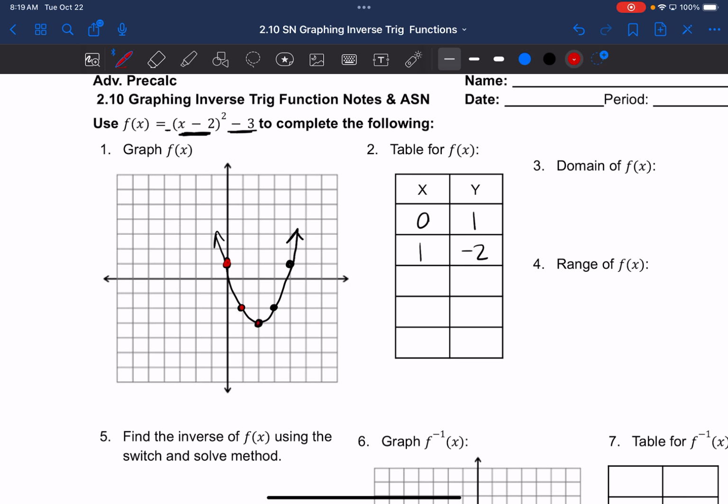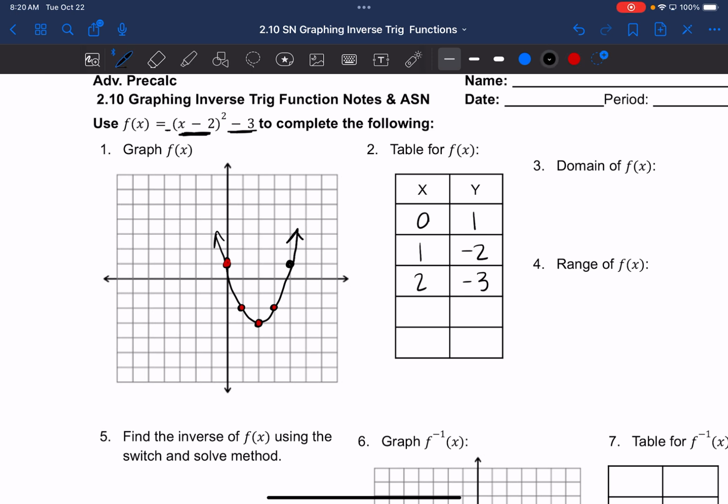All right, and then our vertex down here is at 2, -3. All right, and then we have a point mirroring that 1, -2, and that point is at 4, 1.